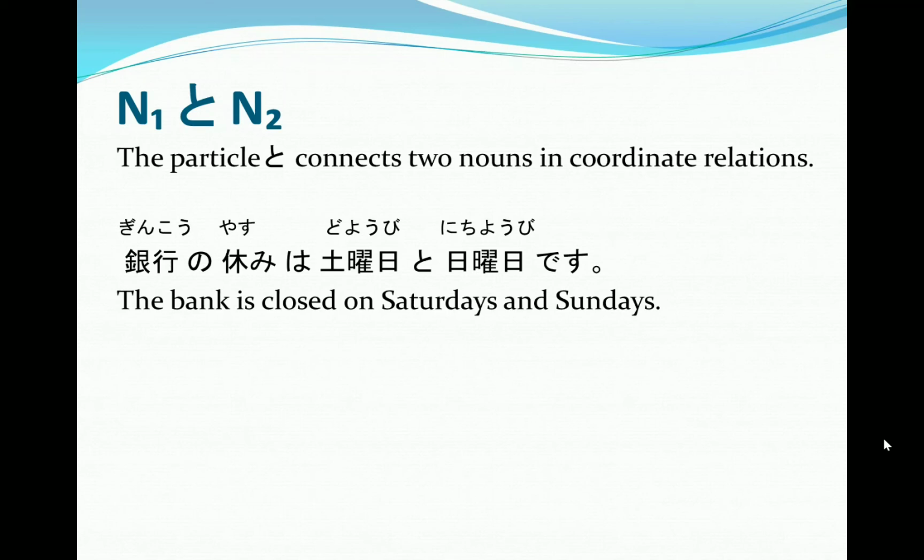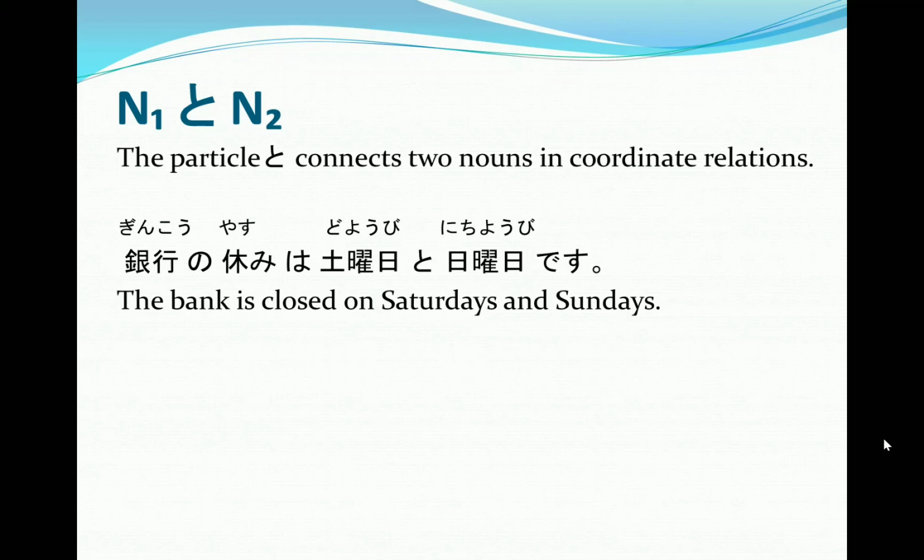All right, very good. It's and. Based on the meaning of to, it connects two nouns in coordinate relations. So in the sentence, 銀行の休みは土曜日と日曜日です, to is and. Right? Saturdays and Sundays. わかりましたか?